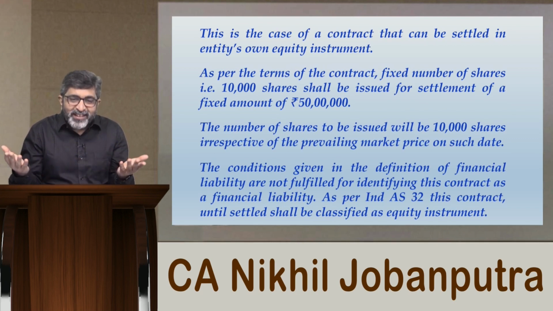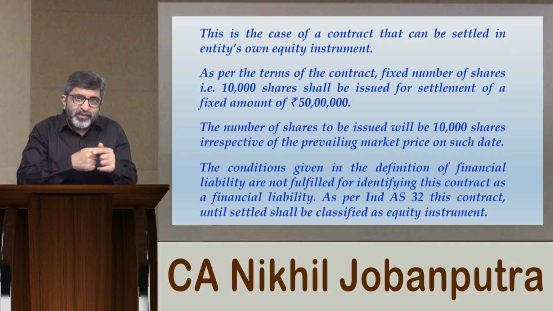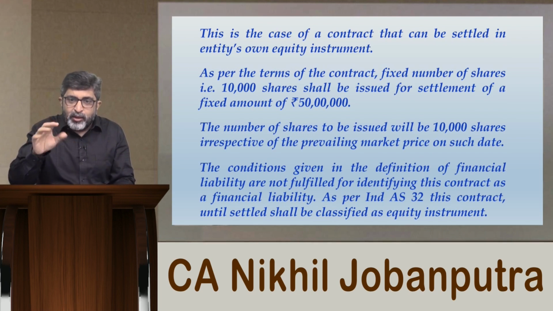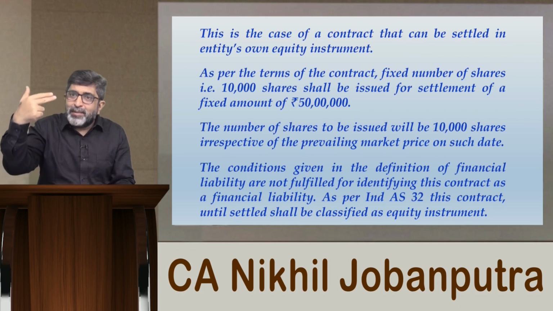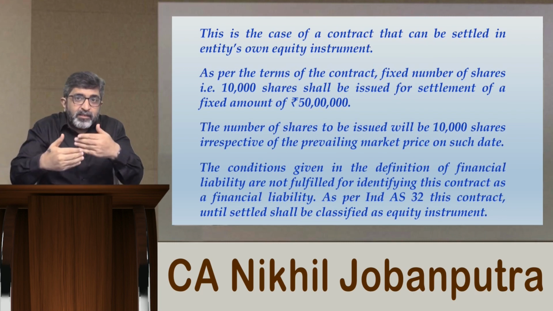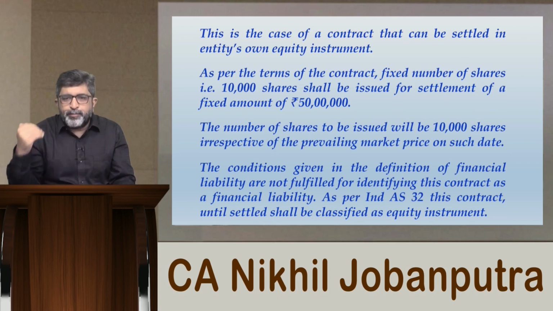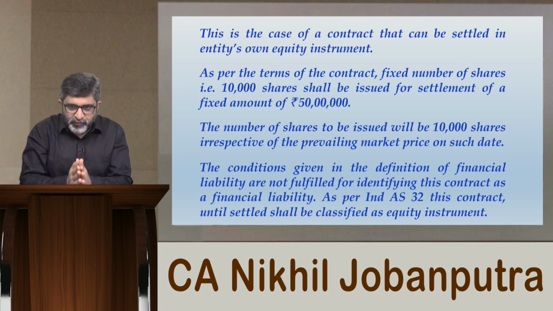The obvious answer is yes, because at that date, in case of question number 2, it was A Limited, right? So you will pass an entry, A Limited's account debit to equity share capital, correct? And maybe if there is a difference in the par value and the issue price, you will of course record some part even as securities premium, correct?